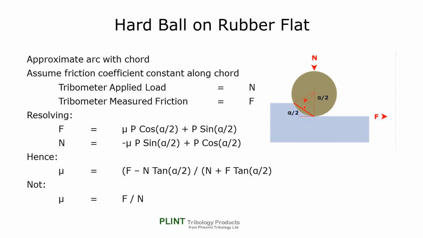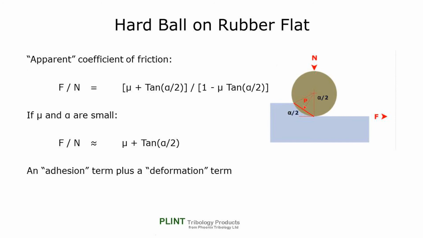The important point to note is that mu is not the tribometer measured friction force divided by the tribometer applied load. To be precise, the apparent coefficient of friction as measured by the tribometer is as shown.